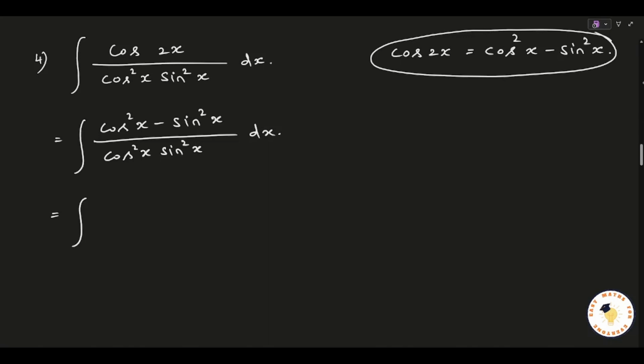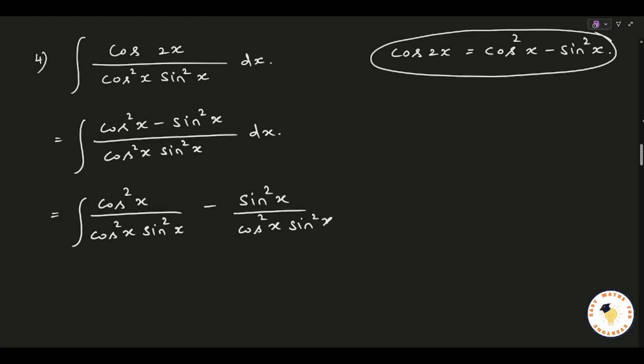Again, we can split them into two terms, like cos square x by cos square x into sin square x minus sin square x by cos square x into sin square x, and dx is common for both these terms. Again, we can cancel cos square x in the first term and sin square x in the second term.